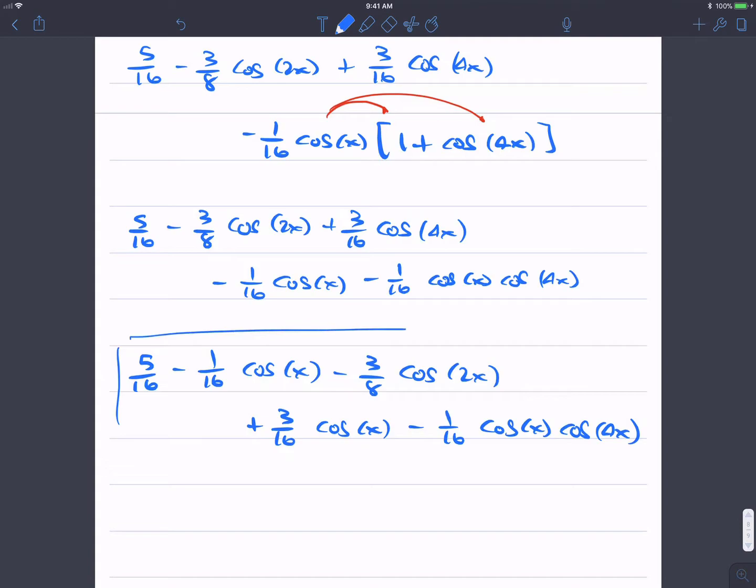So we reduce these powers here. Let's double check. We forgot the 4x here. Okay. Let's double check everything. 5/16 minus 1/16 cosine x minus 3/8 cosine 2x plus 3/16 cosine 4x minus 1/16 cosine x cosine 4x. So double check here all the work.